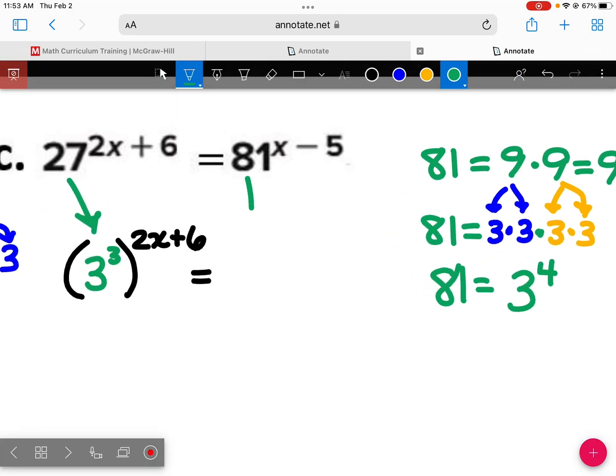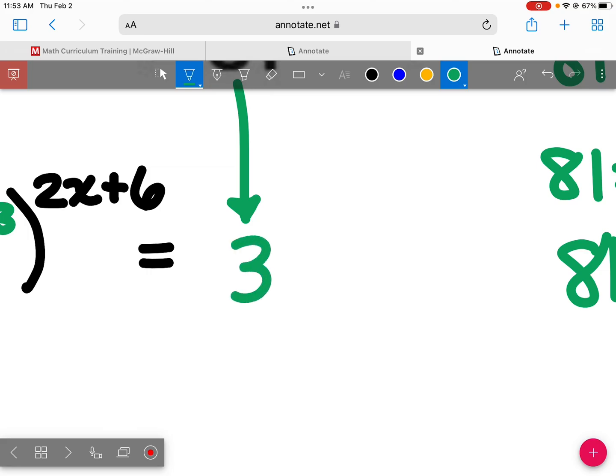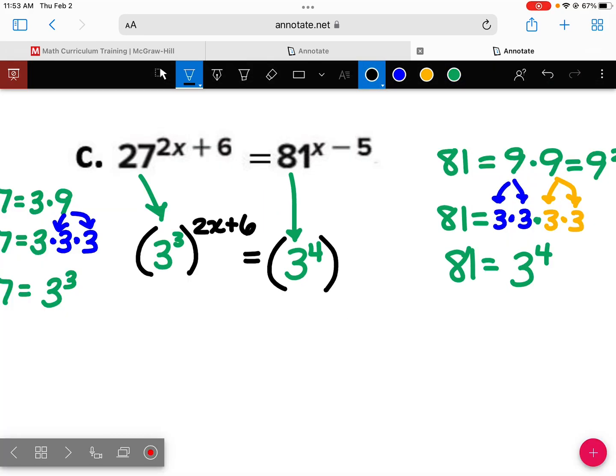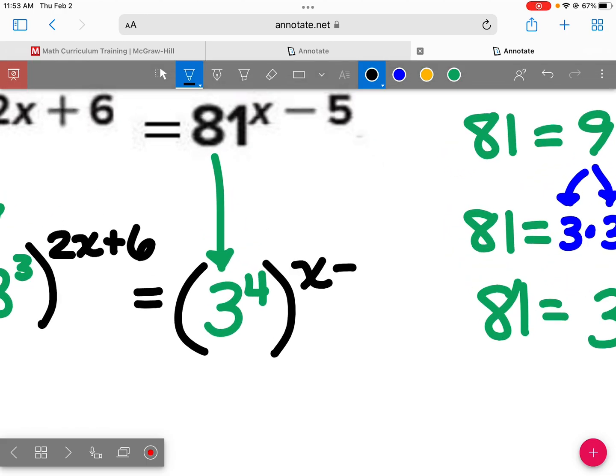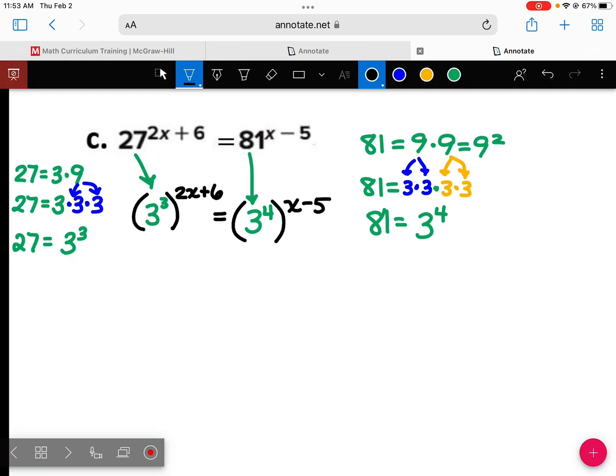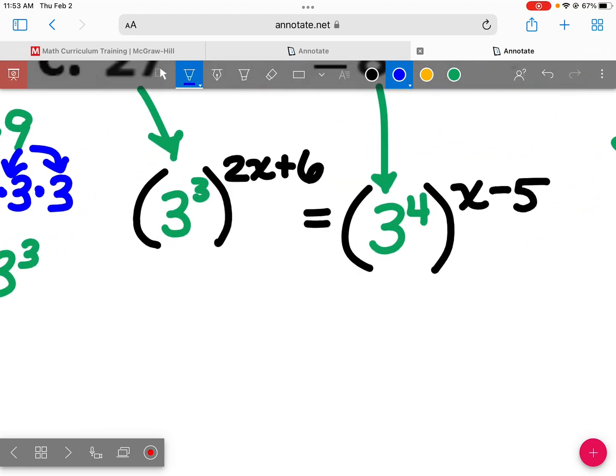So I'm going to rewrite 81 as 3 to the fourth power. And then we got to bring down that exponent, x minus 5. Do my bases match now? Yes. Same base.